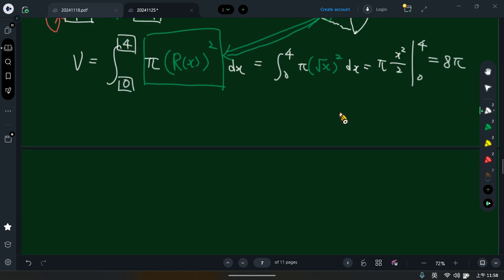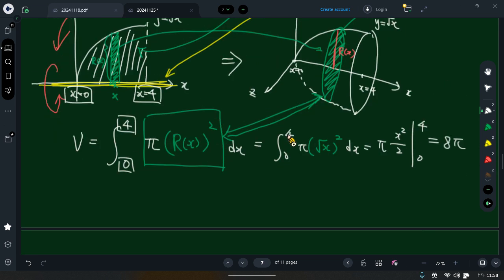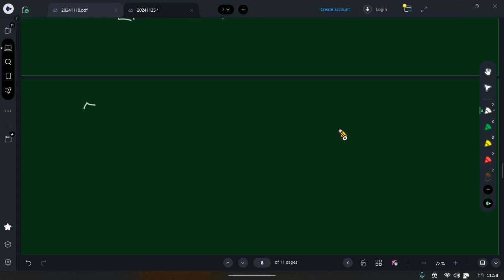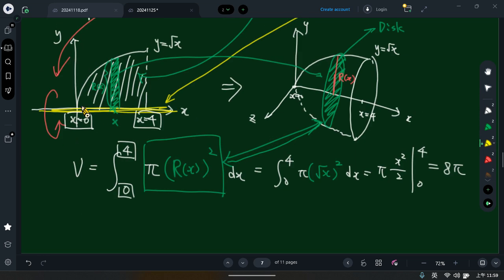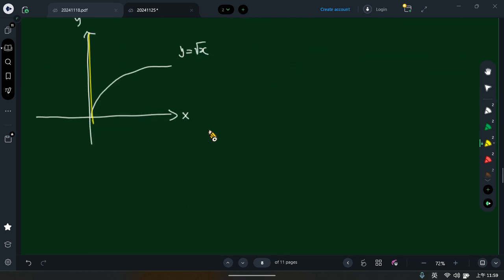For example, I can give you an example that also follows this one. Still y is equal to square root of x, but this time I rotate it about the y-axis. If the rotating axis is here, then your shape will also be different. So in this case, you should change y equal to square root of x into x equal to y squared.